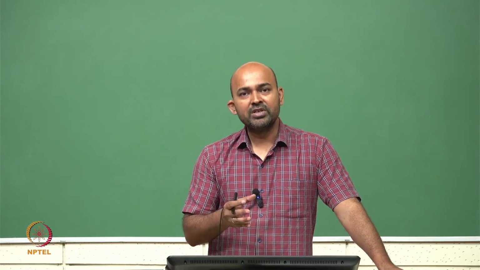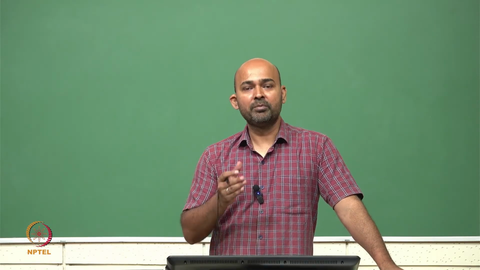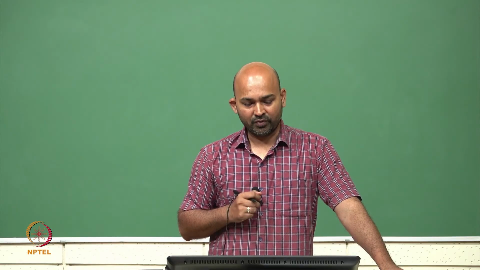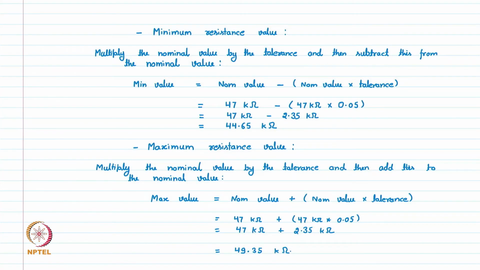So, there is tolerance always there, and based on that, the system which we are actually going to fabricate will have a different output compared to what we simulate in the computers or software. So, in this example we see this 47 kilo ohm can be as high as 49 or as low as 44, which is a very large window. We have 5% of tolerance.